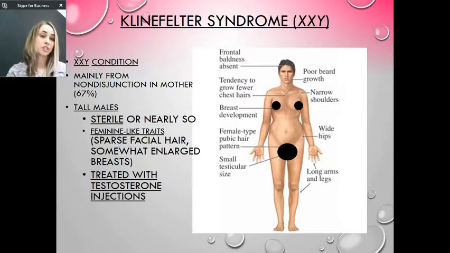A lot of times they're sterile and can kind of range in impact. Sometimes the results of it are not very noticeable at all. And the most common is just the individuals are sterile and have smaller genitalia. It can be treated with some testosterone injections, but a lot of times it'll go undiagnosed.